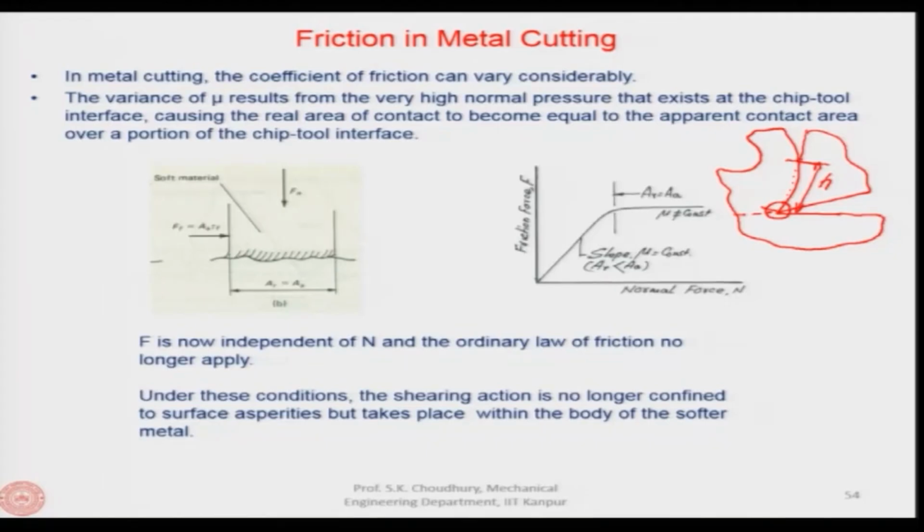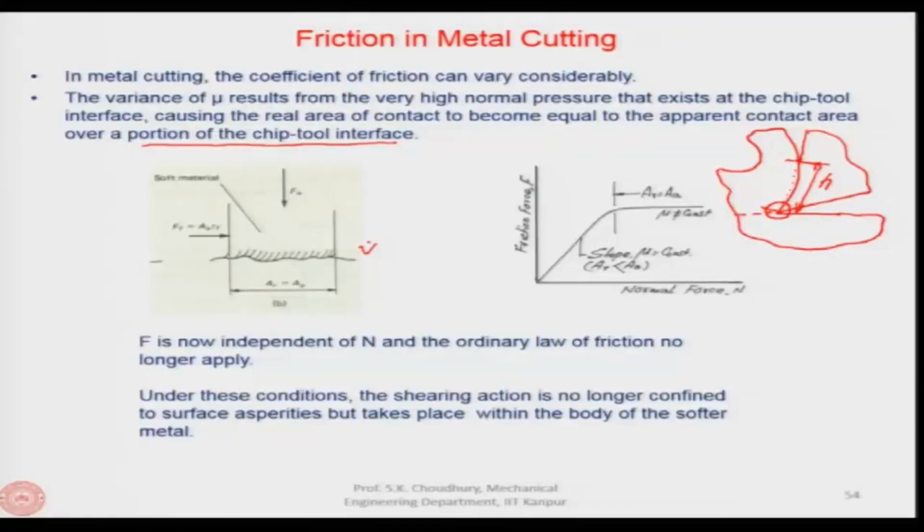So, over the portion of the chip tool interface where the normal pressure remains sufficiently high, the real area of contact becomes equal to the apparent area of contact, because the pressure is so high that the asperities get plastically deformed, as shown in this picture.